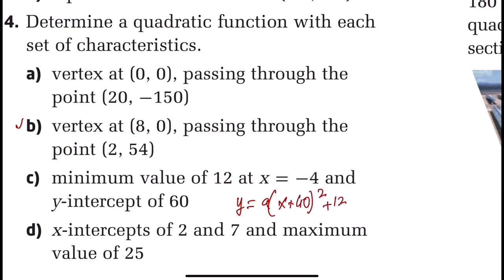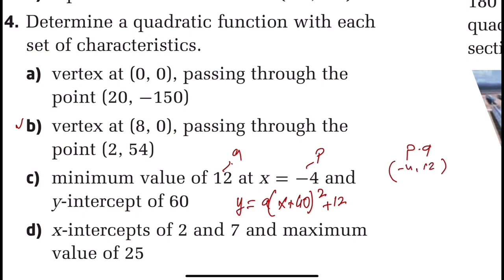So this is your P, this is your Q, because the minimum value is always the Q. At x equals minus 4, this shows me that my P and Q are minus 4 and 12.